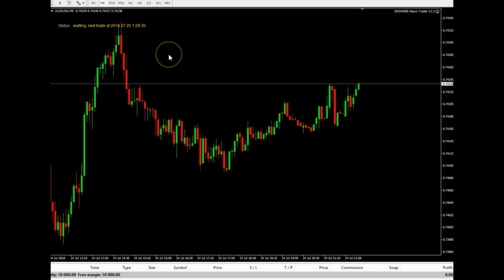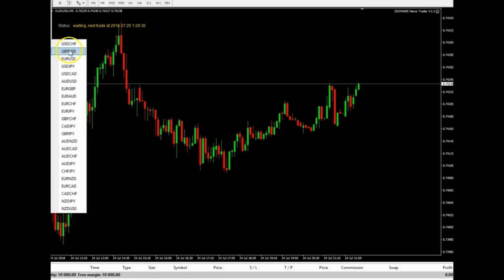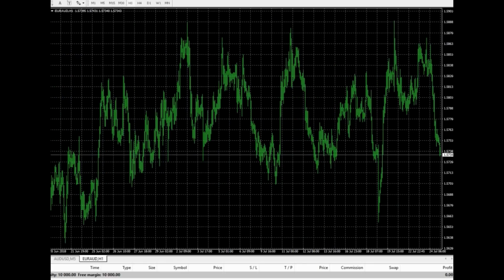Now the benefit of the robot is that it can place orders in 7 pairs. So let's put in some other pairs as well. We go to new chart, and we go to the Forex, and we go to Australian dollar USD. We have it here, Euro AUD.